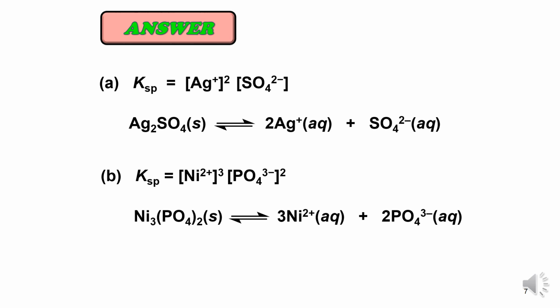Right, so we write the equilibrium equation: Ni3(PO4)2 solid produces 3Ni2+ aqueous plus 2PO4 3- aqueous.